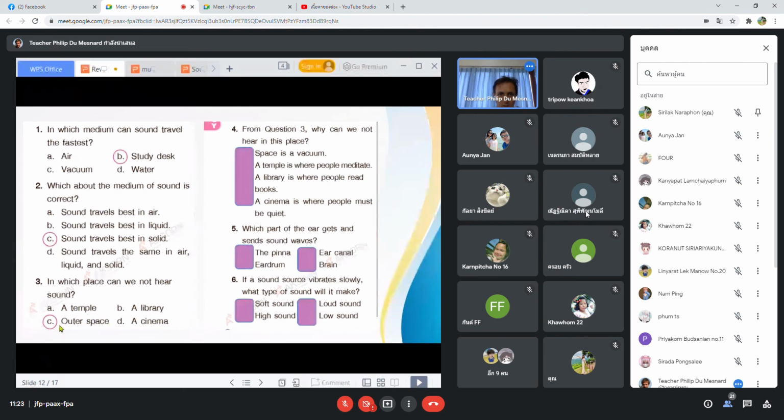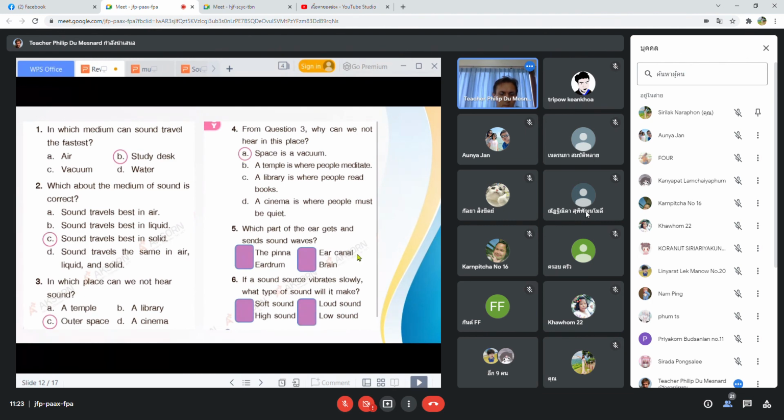Good job. Okay, then question 3, why can't we hear in space? Because space is a vacuum, or it's a temple, or it's a library, or it's a place where people have to be quiet. I think it has to be A. Yeah, space is a vacuum.